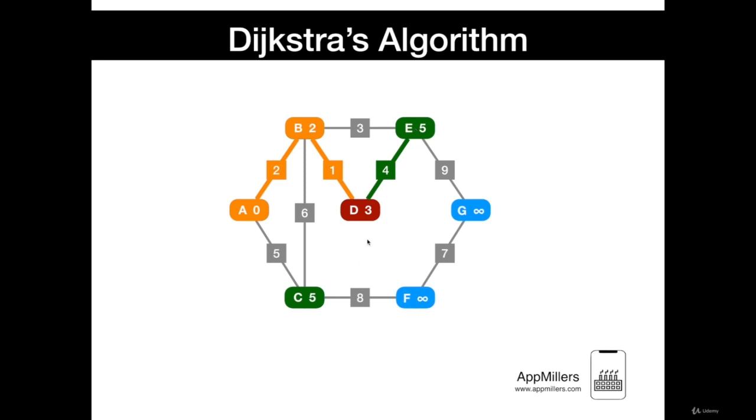In this case, from D to E, as we calculated, it's 7, so we are looking for the minimum value. The minimum value for our path will be 5. From C, we have only one path, and the cost for this path will be 13. And as we have another point with less cost, which is E, we will continue from E.